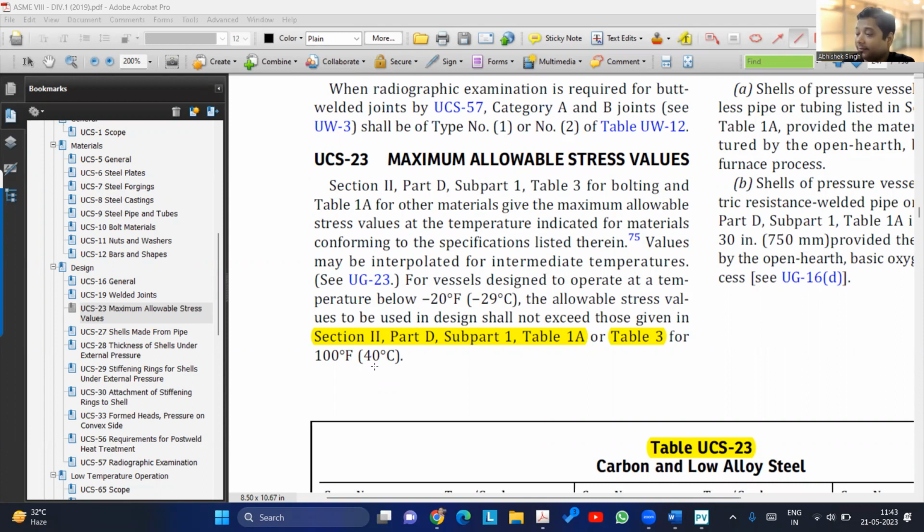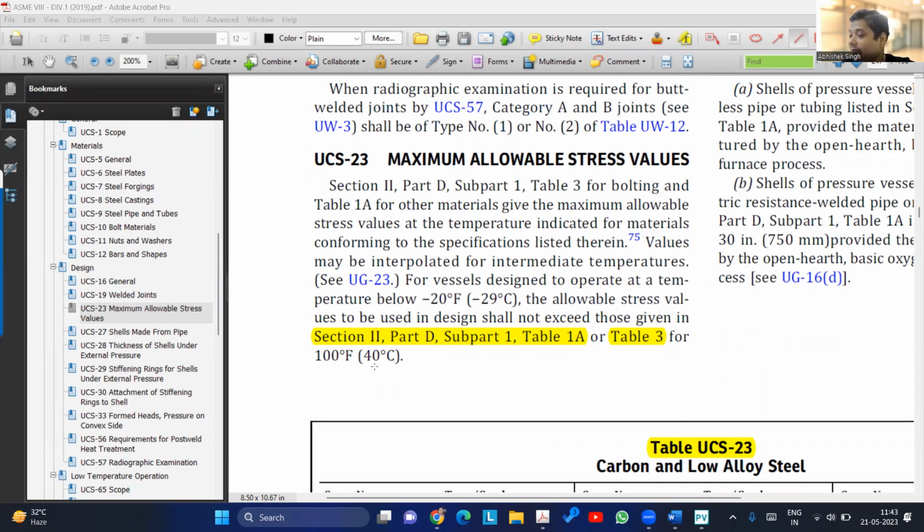You cannot exceed it. Definitely that is the maximum value, which is given at room temperature. For high temperature, the strength reduces, but that does not mean for low temperature the strength increases. It remains constant. Making sense now, Abhi?